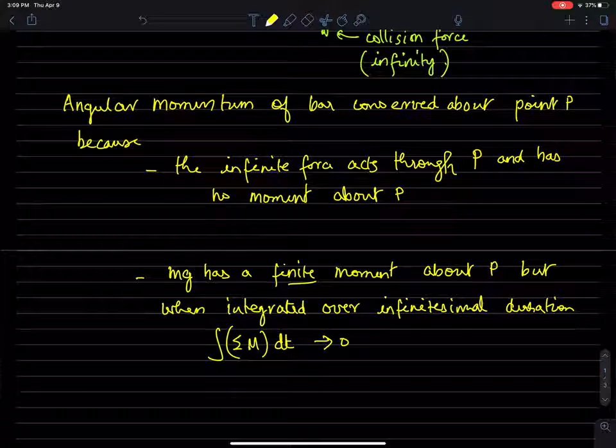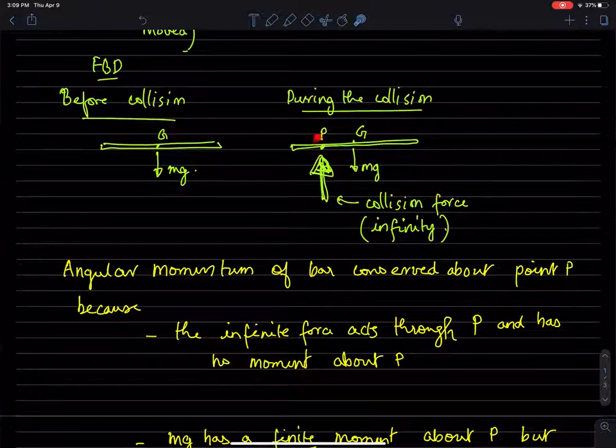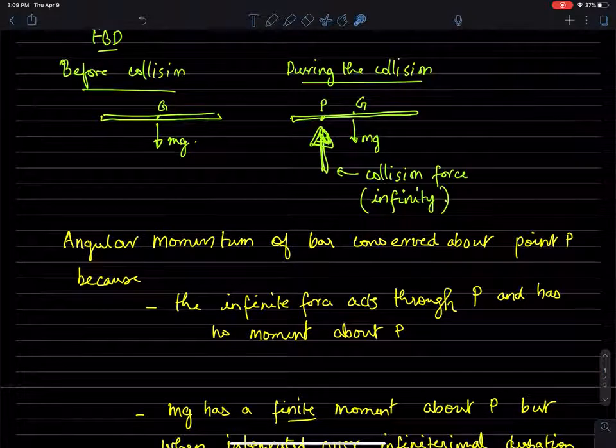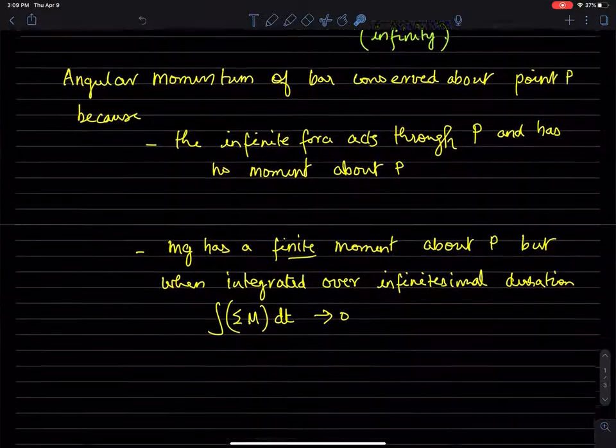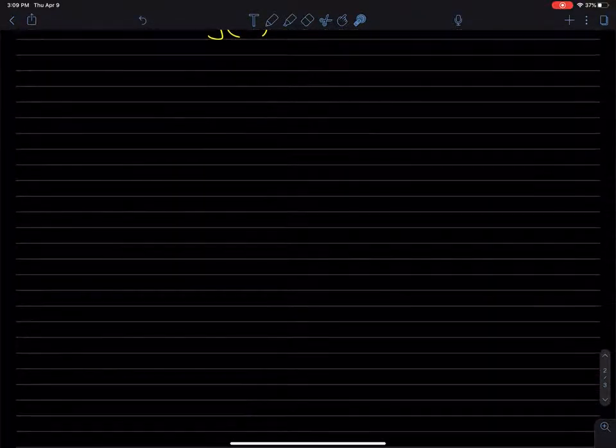So the only big force has zero moment. The only small force doesn't matter because the collision duration is infinitesimal. So we ignore finite forces in collisions, basically.